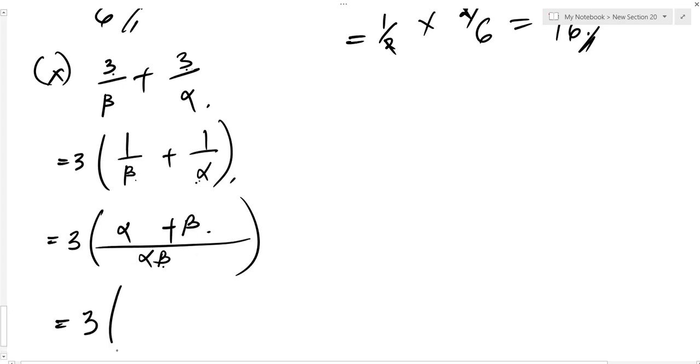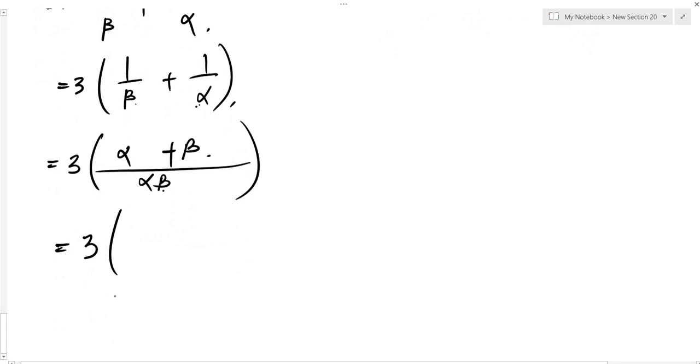Now you have 3. Now alpha plus beta, which is this one, is something as 7 over 2. Then alpha times beta is something as minus 3 over 2.